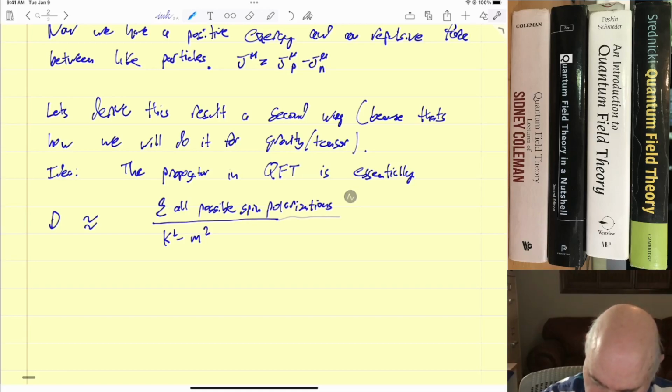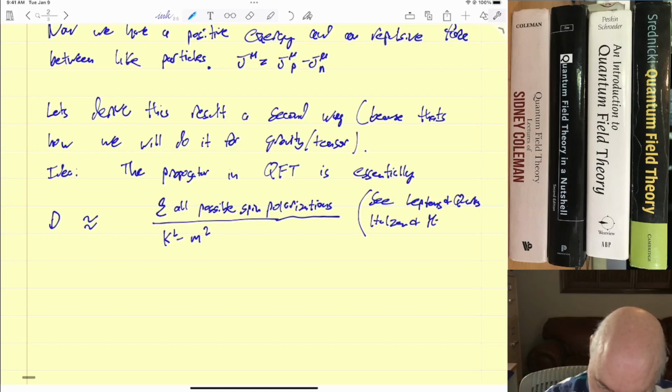And this concept is really developed nicely in the book. It's an old book, but it's still very good. Leptons and Quarks by Halzen and Martin.